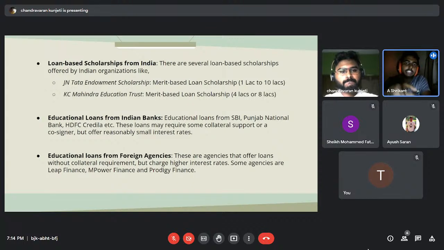So I suggest if you're going through SBI, Punjab National, HDFC, or any Indian banks, sort as much as possible before your admit. It's very good, because after you submit your financial documents, it's a little bit chill, because then you're waiting for some other documents to come, which I'll probably cover.